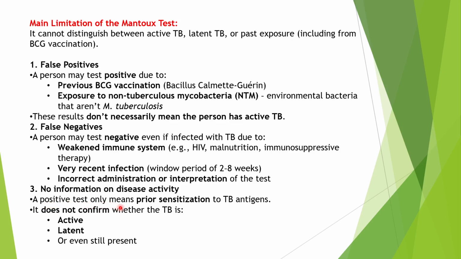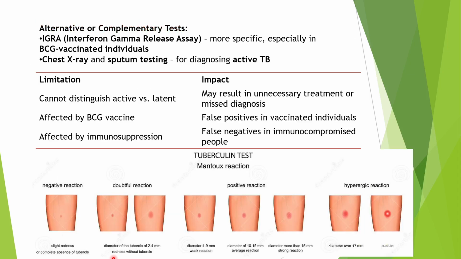A positive test only means prior sensitization to TB antigens. It does not confirm whether TB is active, latent, or even still present. So as you can see, BCG also shows a positive. Even if you are sensitized to the antigen and do not really have the infection, whether it's an active state or latent state cannot be confirmed.